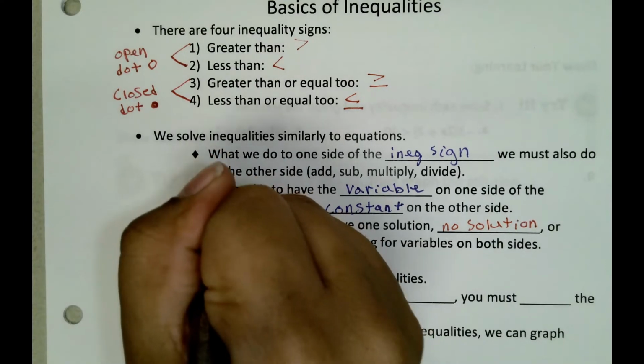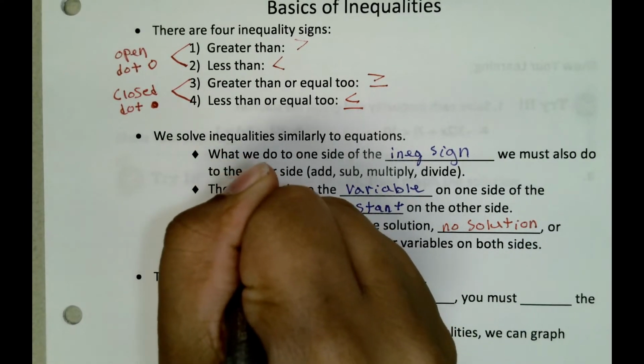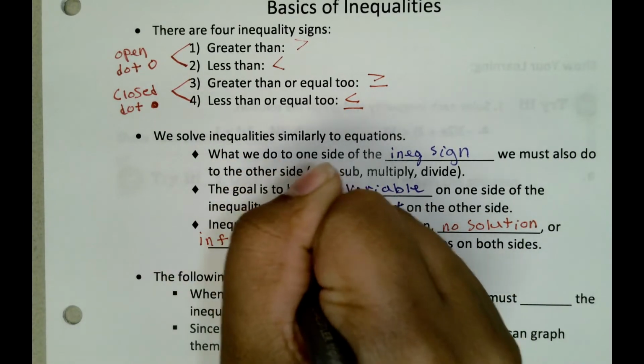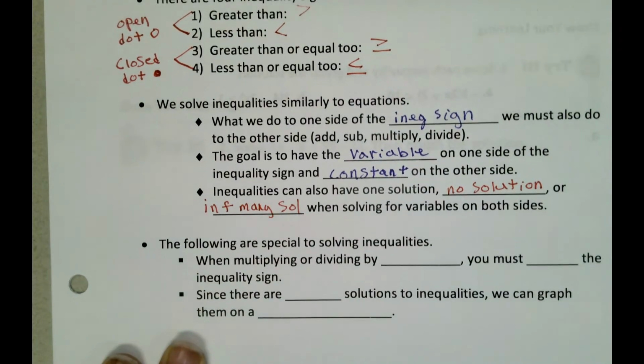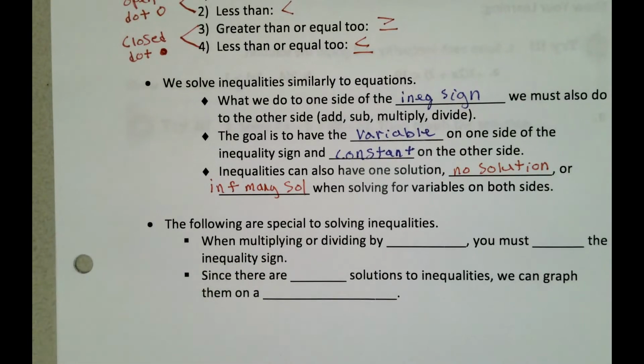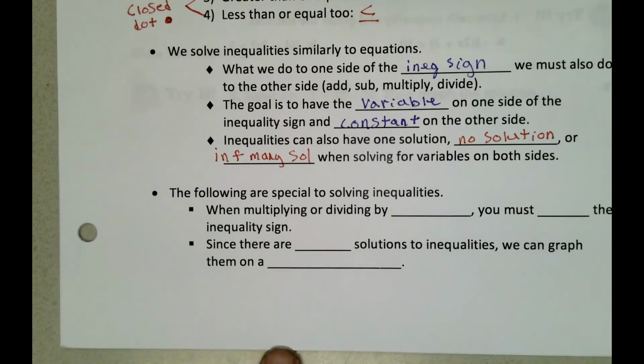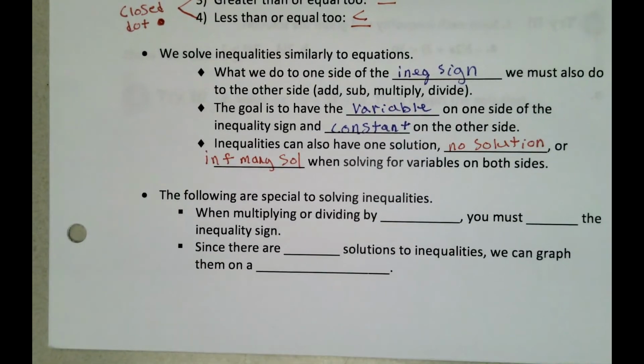So what do we have to do first? Definitely see that there's a negative 4 next to a parentheses there, so we want to make sure to distribute. So we get negative 12x plus 4 plus 6x greater than or equal to 16.